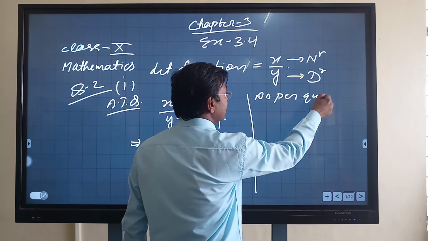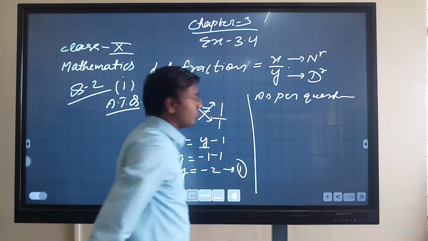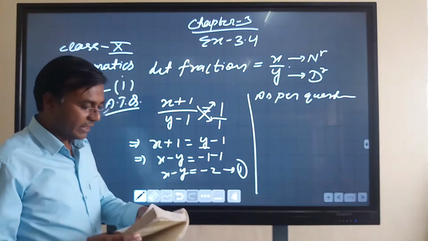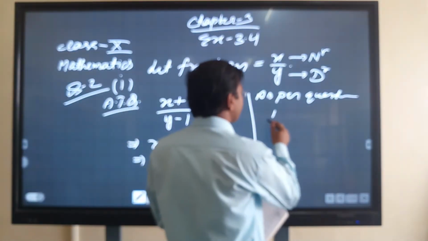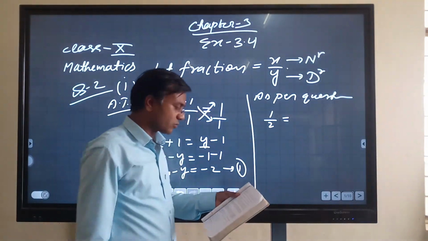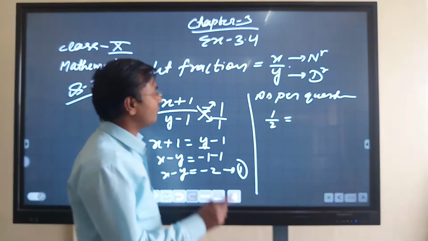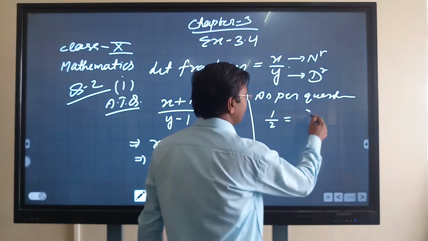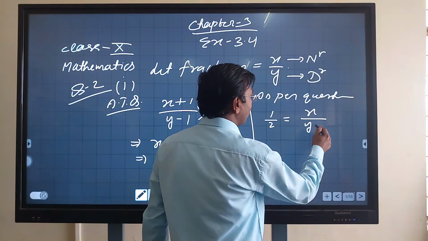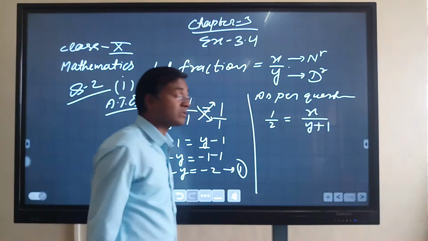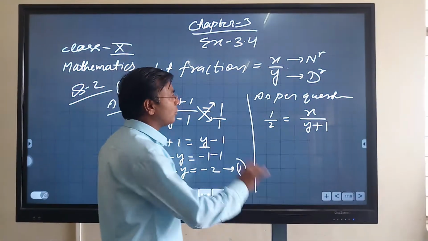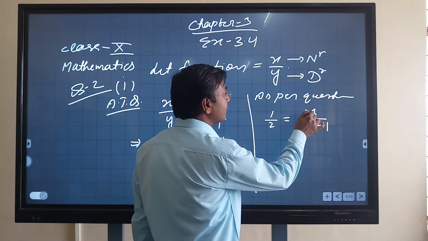What is the condition? So as per the question, once again, it becomes 1 by 2. So write 1 by 2 equals to, if we only add 1 to the denominator, it means 1 to the denominator, that is y plus 1. So this time we are not to add any number to the numerator.